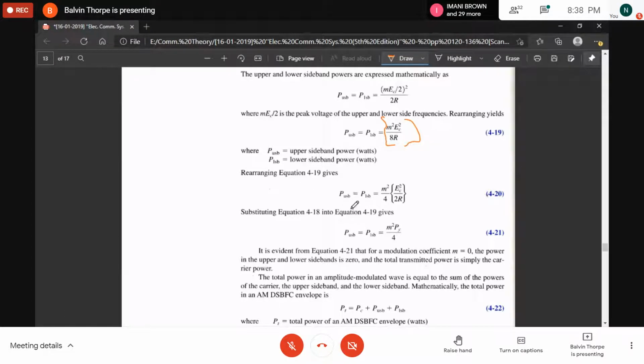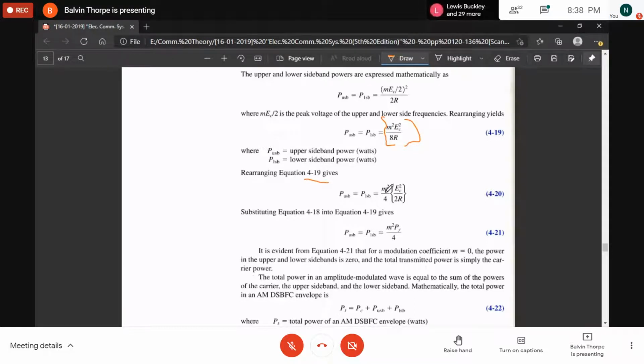And by the way, because of the fact that this is equal to that, it means that we can rearrange equation 19, which is this, that the power in the upper sideband equals the power in the lower sideband, which is the same thing here, which is going to equal what?